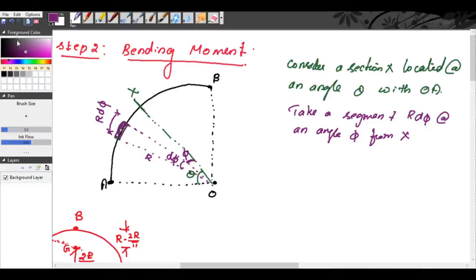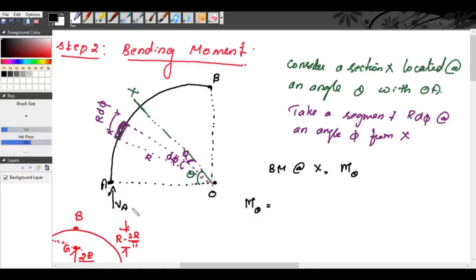So how will we find the bending moment at x? Bending moment at x, that is m theta. Here we have a vertical load VA.